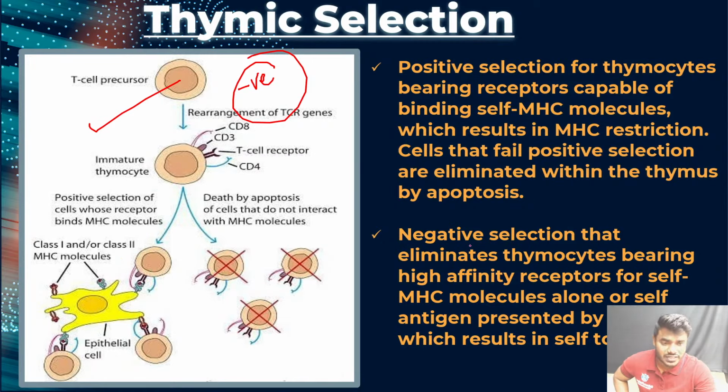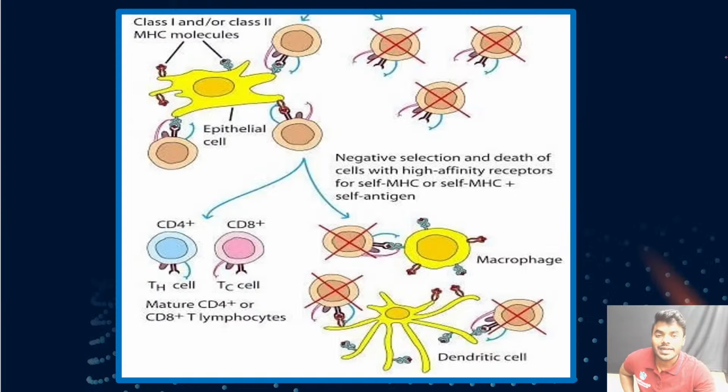Don't confuse, friends. Negative selection eliminates the thymocytes or T cells which bear high affinity receptors for the self-MHC molecule. So only that kind of T cell gets destroyed.